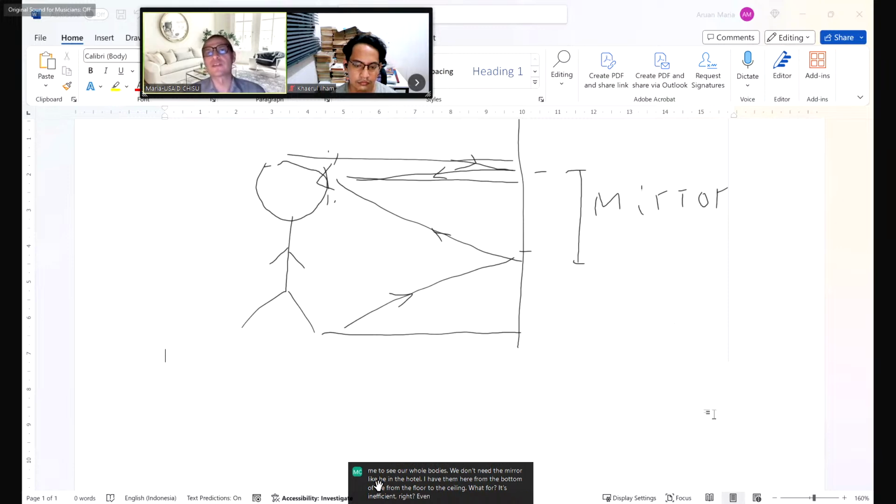If they knew physics, they would just make the mirror, let's say, maybe half meter from the floor, and then maybe another meter for someone who is 2 meters tall, yeah, someone who is very tall, okay? So therefore, we can save money by making smaller mirrors if we know physics.